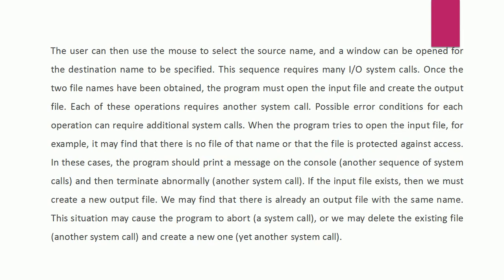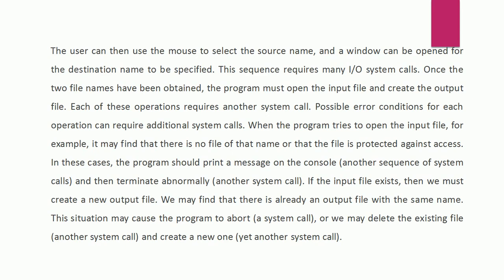Once the two file names have been obtained, the program must open the input file and create the output file. Each of these operations requires another system call. Possible error conditions for each operation can require additional system calls.